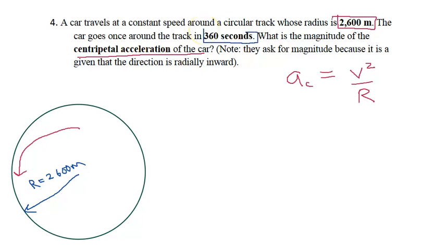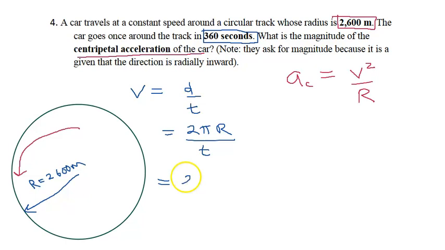You know the time it takes to make one complete lap of the track, and we want to find the speed, and the speed is distance over time, and the distance it travels in one rotation is the circumference, or 2 pi r.